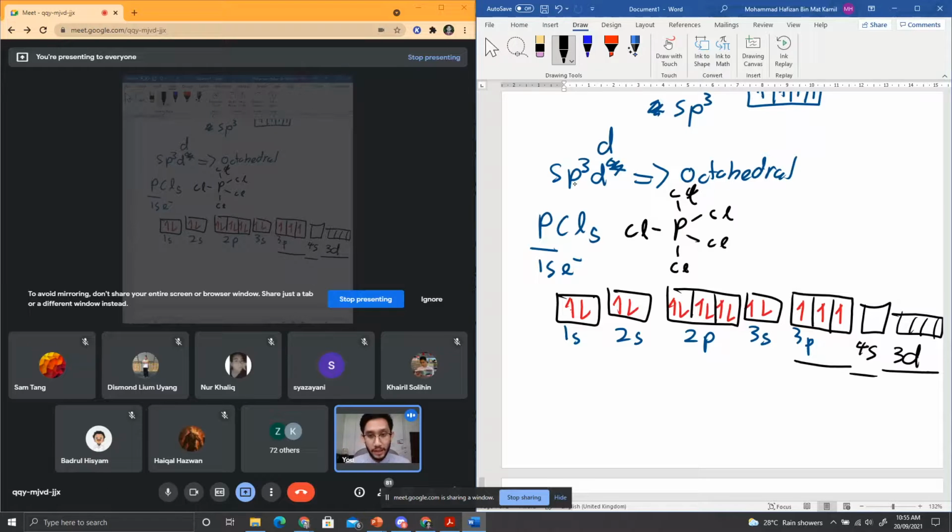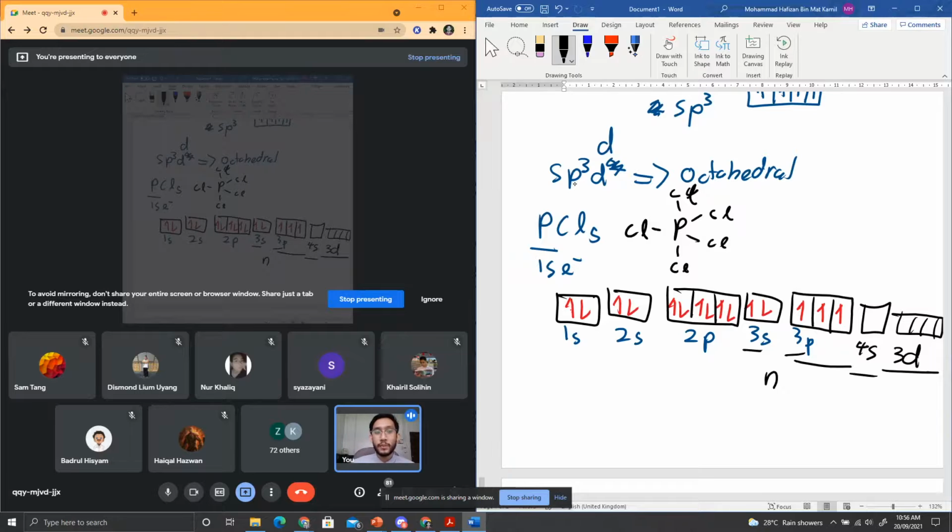But in quantum mechanics, once the electron has enough energy to enter the quantum number 3, the shell 3, it has access to every available orbital with n equal to 3.